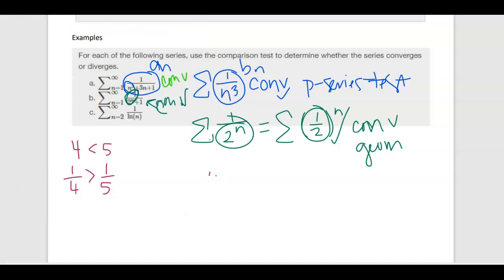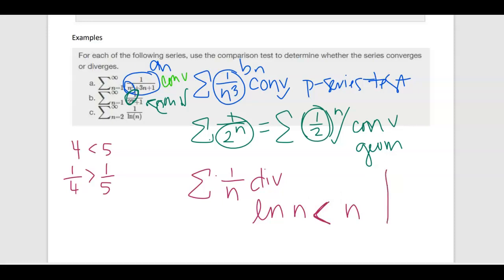So I know that the harmonic series 1 over n is divergent, right? Now, what is true about the natural log of n and just n? If I think about those functions over time, if I take the log of a number, that's going to be smaller than that number.